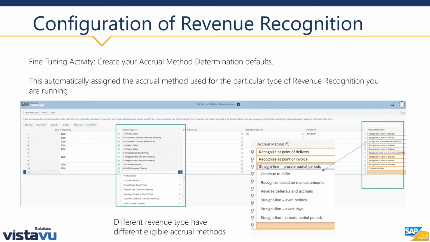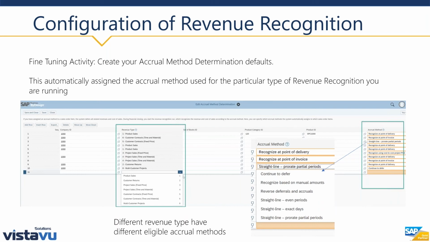When you get into the more obscure ones like continue to defer and manual amounts, that's probably not something you would do as a default accrual method. That's probably something you would override on a specific project or a specific scenario, where maybe there's something happening with that specific contract where you need to defer the revenue, or continue to defer the revenue, until such point that you want to just start recognizing it.